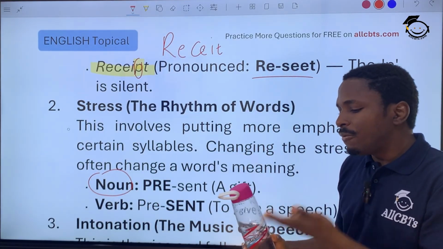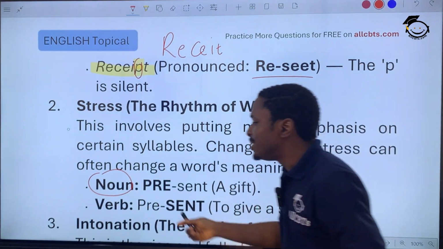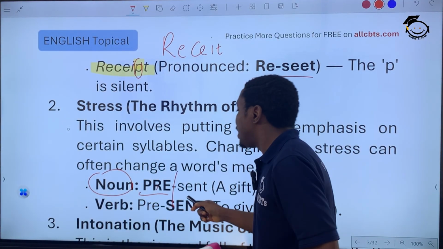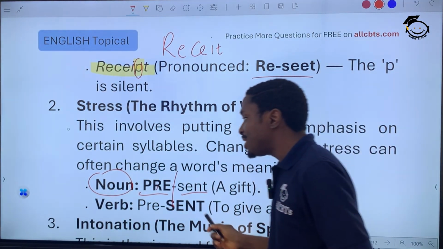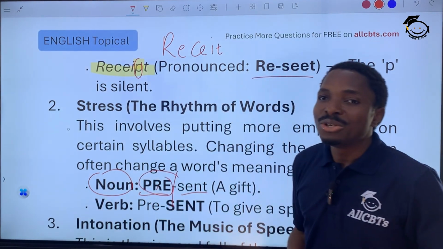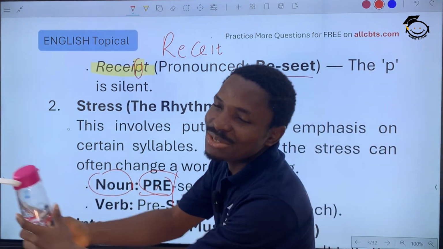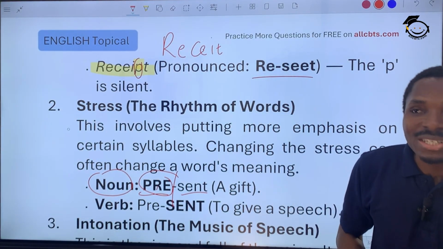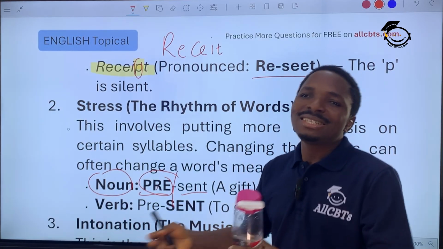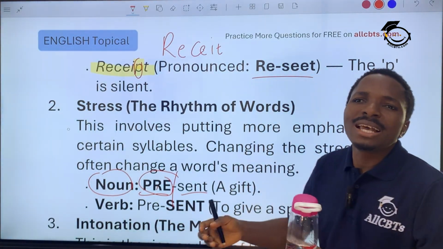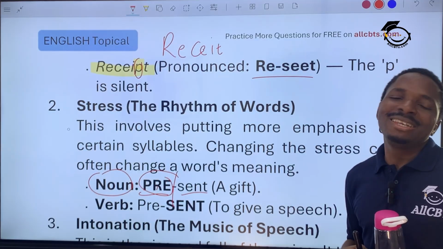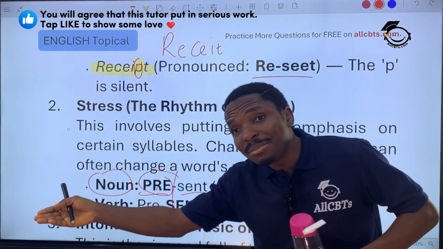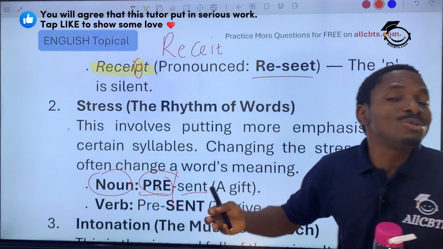Now, for the noun present, the stress is on the first syllable. Present has two syllables, the pre and the zent, but the stress is on the first syllable. So if I'm saying, here is my present to you, the stress is on the first syllable. But I could also switch that and say, present that to me. In such a case, present is a verb because I'm asking you to take an action.